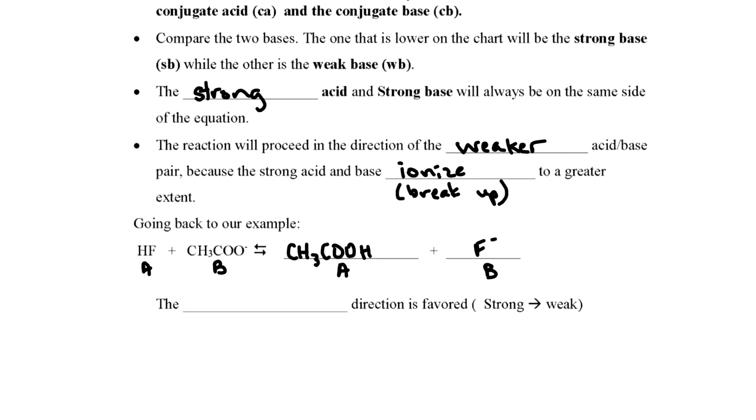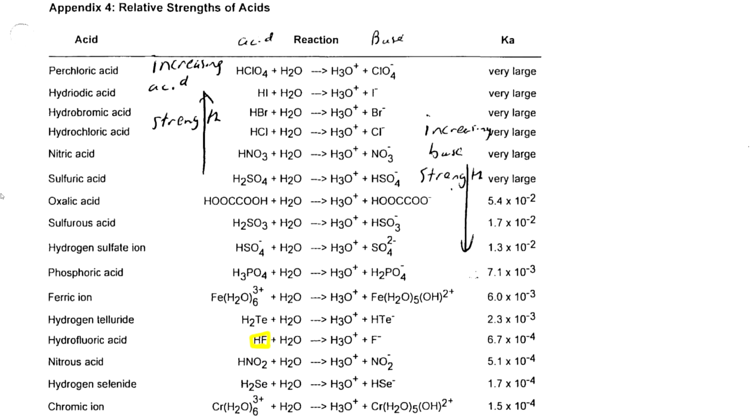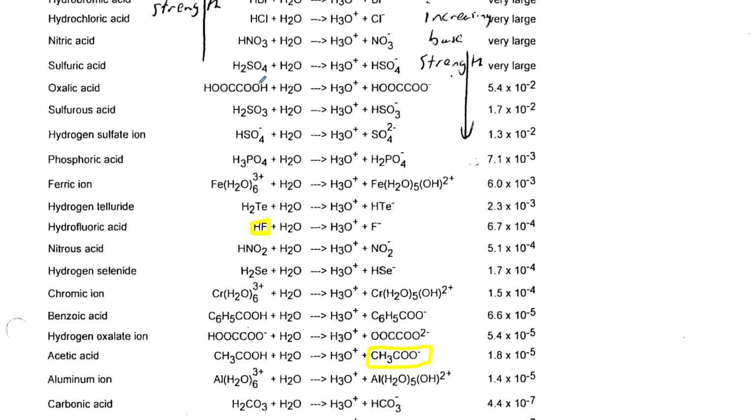So I go back to my chart, okay, and I'm going to compare the two bases. So the acetate ion and the fluoride ion. So where do I find those? Well, here's the fluoride ion, and here's the acetate ion. So we know that base strength increases downward, so the acetate ion is the stronger base and the fluoride ion is the weaker base.